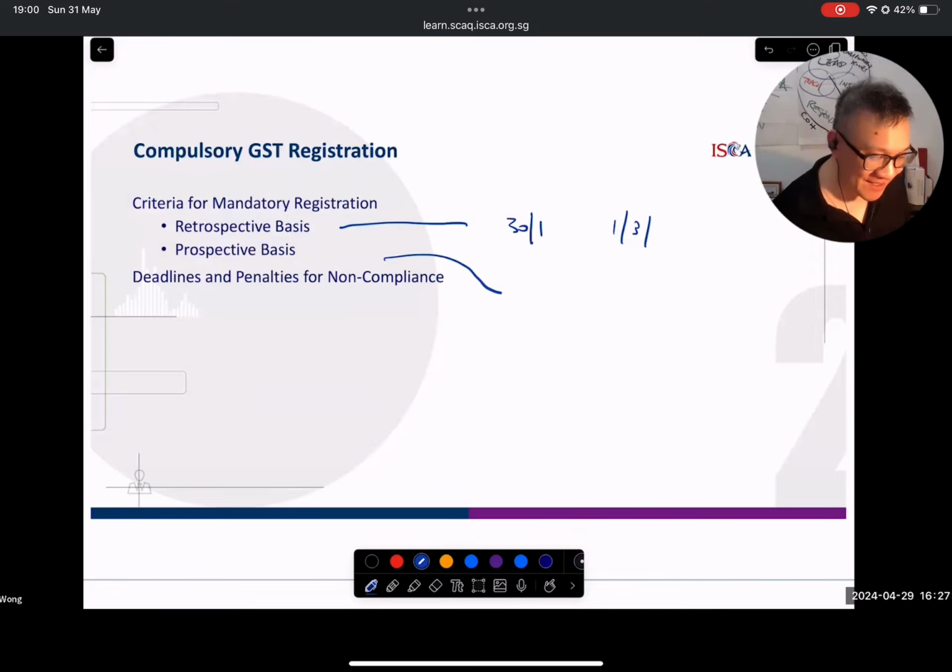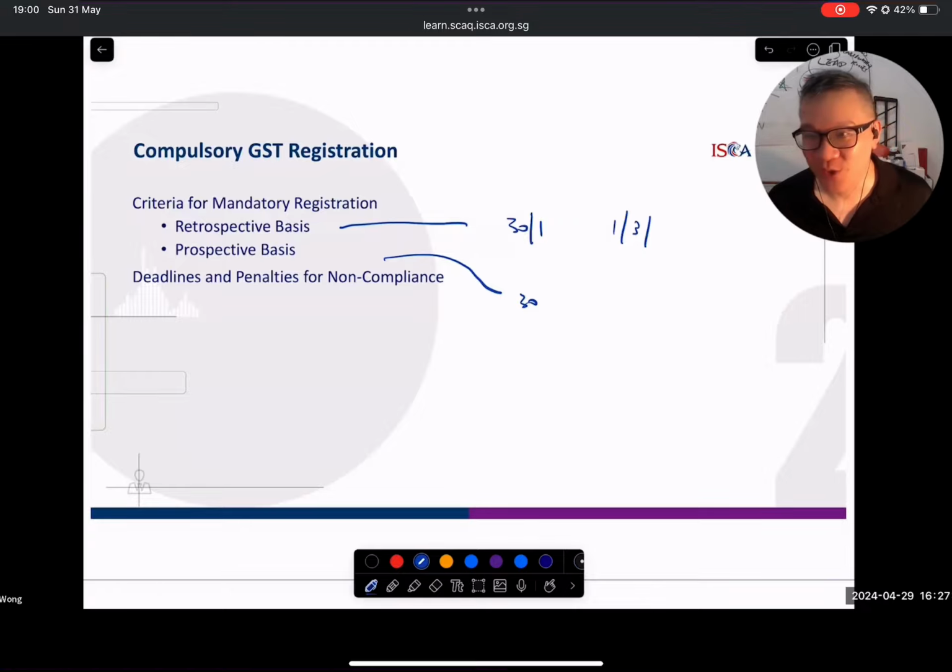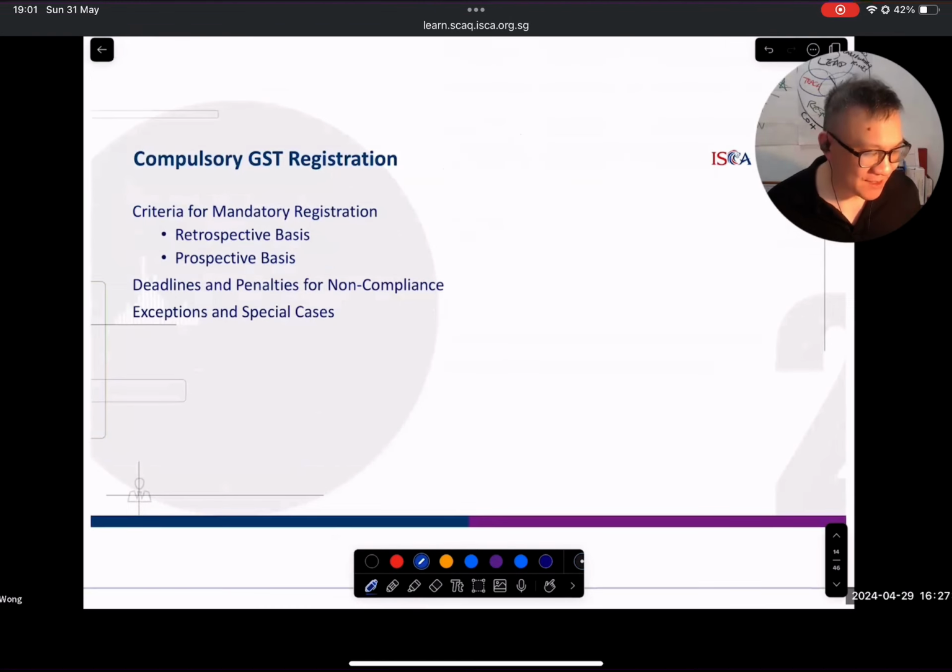And then for the prospective basis, it is within 30 days from the date of the forecast, for which you can submit the proof in black and white. Okay, so this is what you need to know. And of course, failure to register for GST comes with fines and penalties. I'm not going to repeat myself because you can refer to IRAS's website, you can refer to your materials for some references.